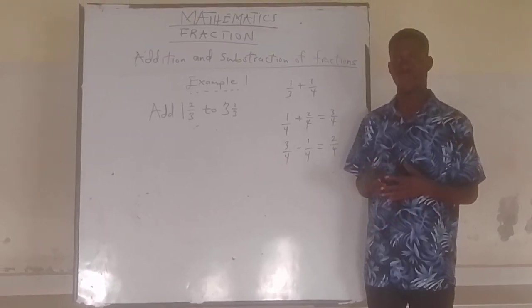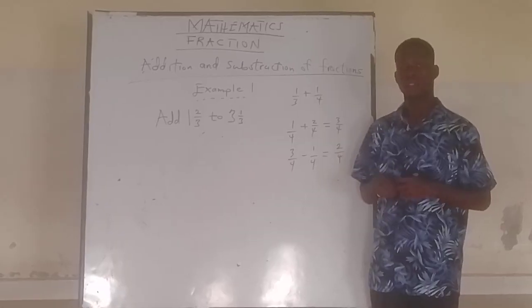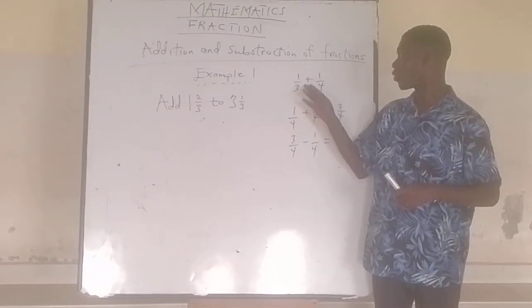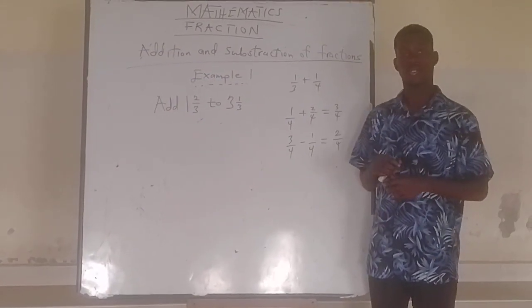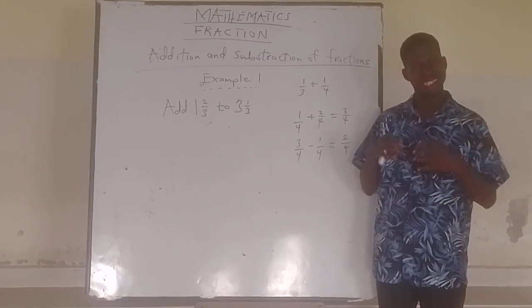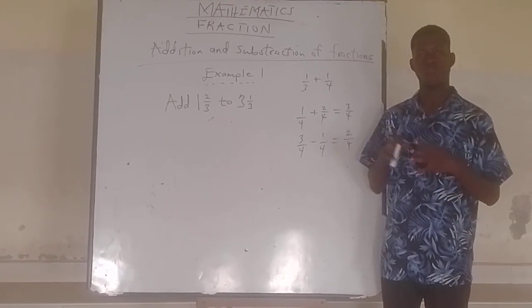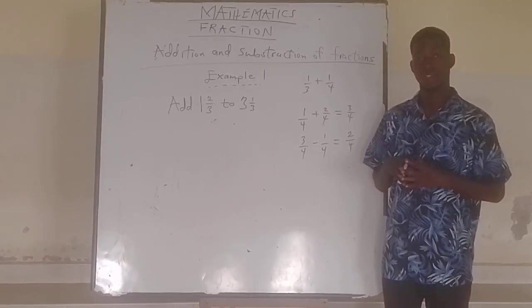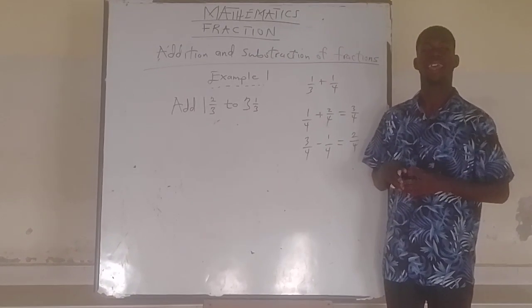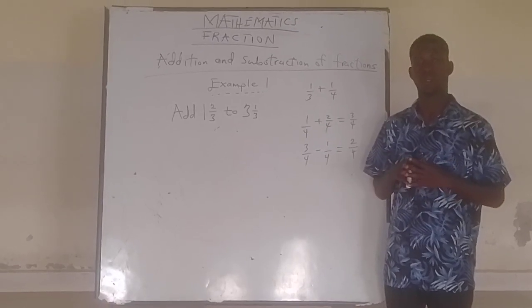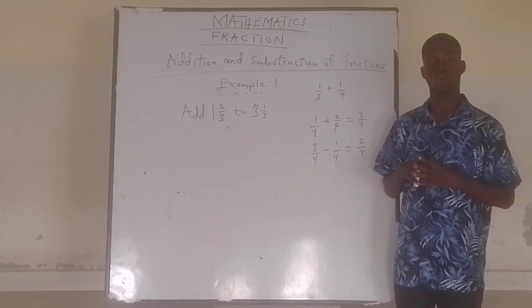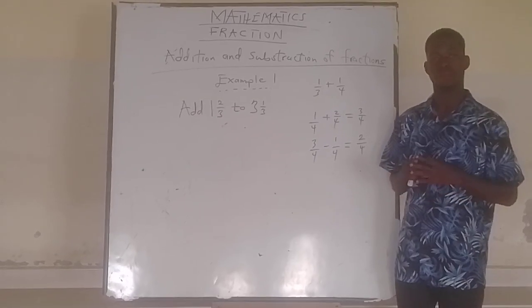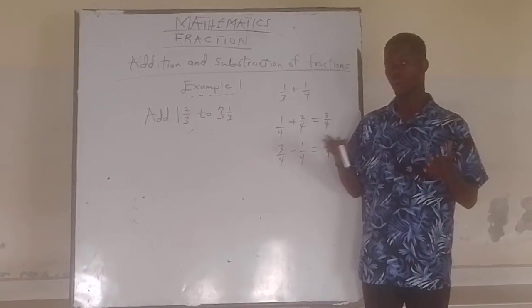The denominators are 3 and 4, so we need to express them with a common denominator. That's what we term as LCM, the least common multiple. So you are going to find the least common multiple for both of them before you continue solving.